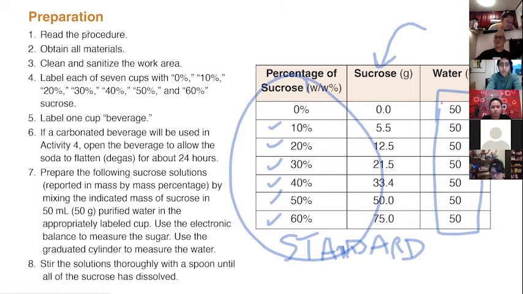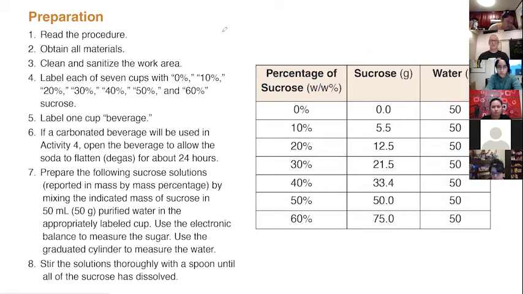So we should have 6 cups and label them 10%, 20, 30, 40, 50, and 60. Now, these are going to be a little bit tricky. These last 3 are a little tricky because we have a lot of sugar compared to water.